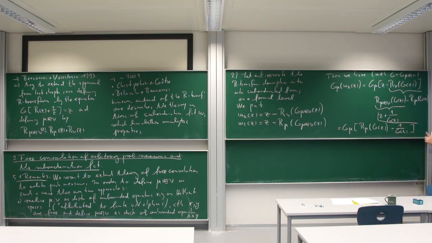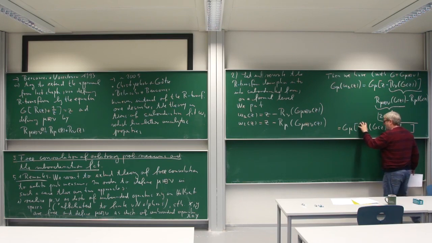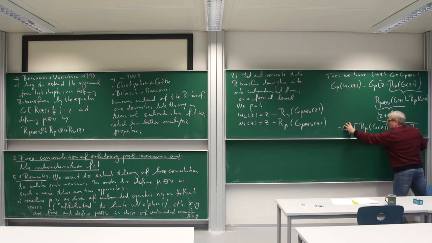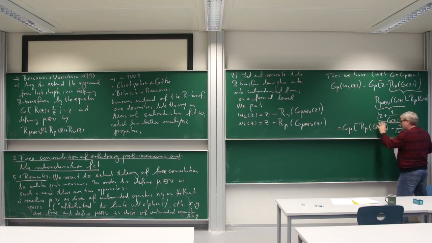Yeah, but now again I have a situation where G of z is just an argument, and I have here G mu, and here I have R mu of the argument minus 1 over the argument, but those are again inverses of each other, so what I get here is just G mu of the argument. The argument is G of z.